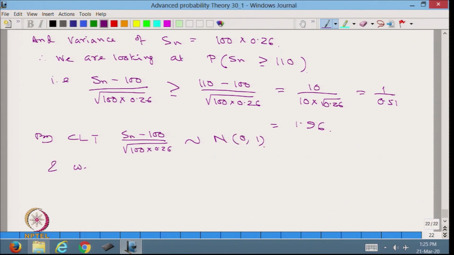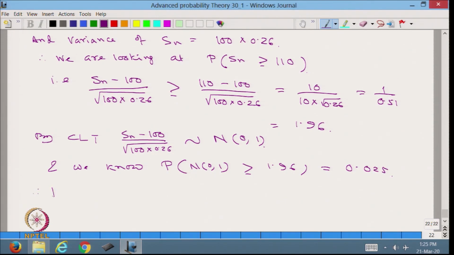And we know the probability that a normal 0, 1 variate is greater than or equal to 1.96 is equal to 0.025.